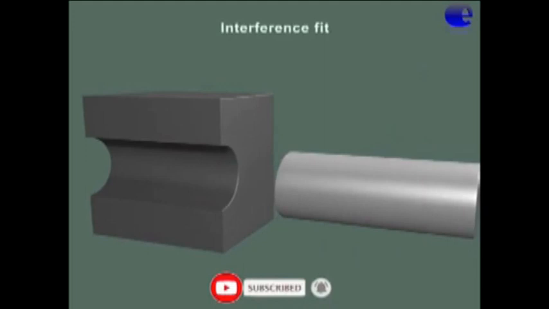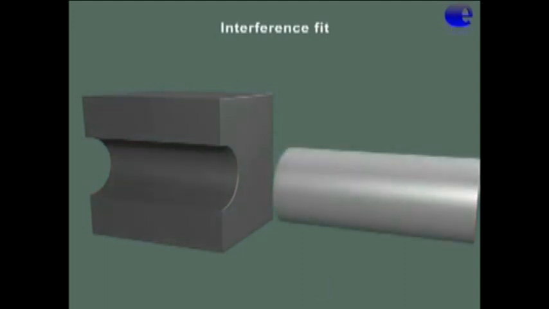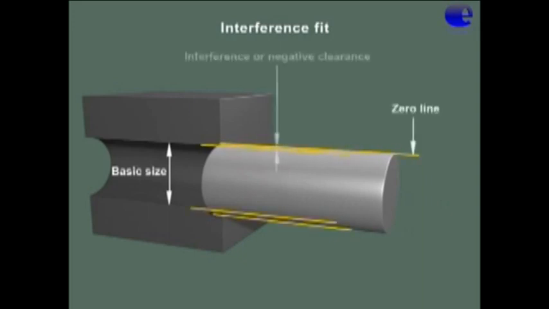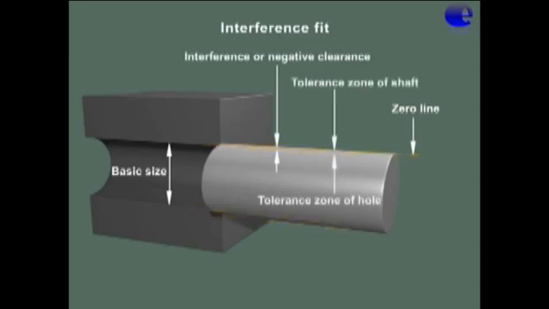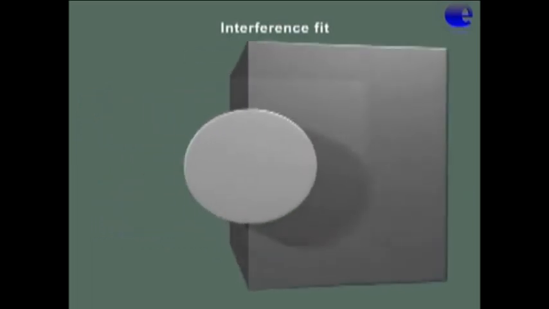Interference fit, basic size, interference fit. Basic size, zero line. Interference or negative clearance. Tolerance zone of shaft. Tolerance zone of hole. Forces required to insert the shaft.